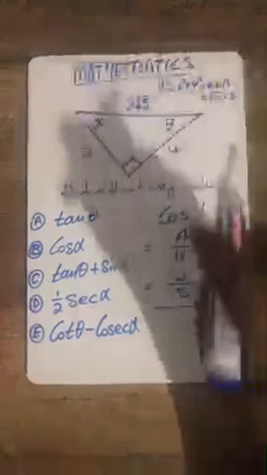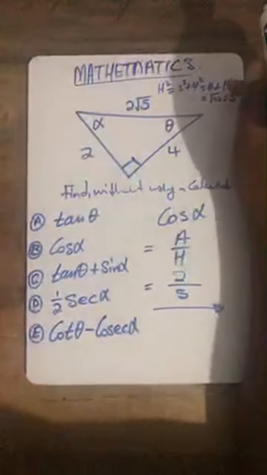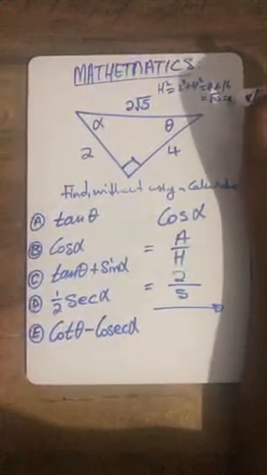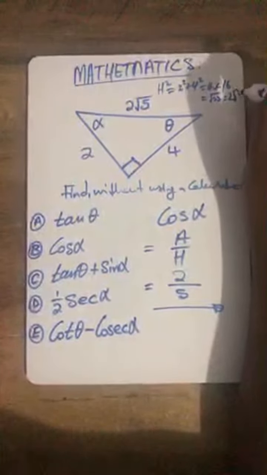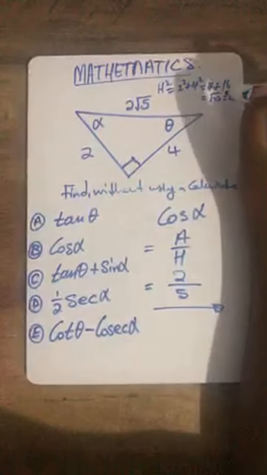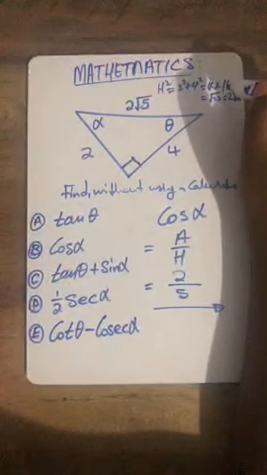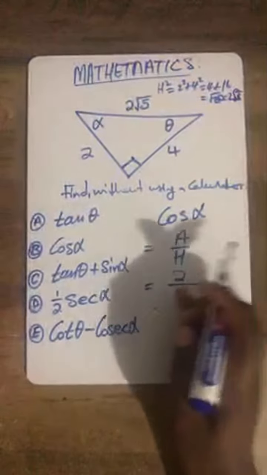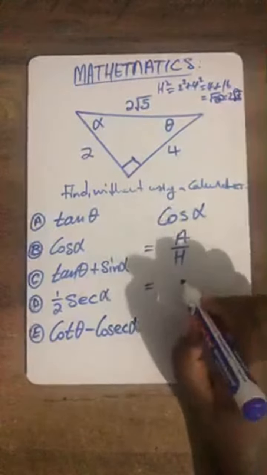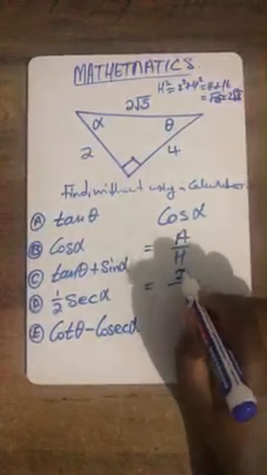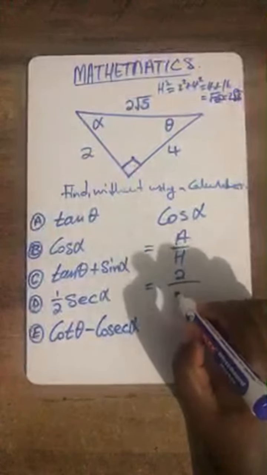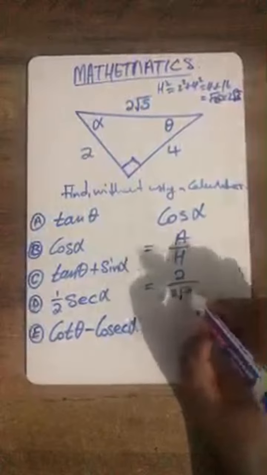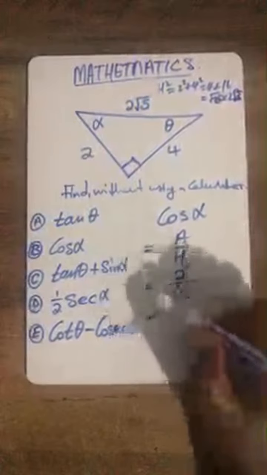Yes, guys, don't try to use your head there. Just make sure to use the calculator. You see what happened there? I'm trying to use my head and now I'm getting some wrong answers. Okay, it's fine. So our adjacent is 2 over hypotenuse 2 square root of 5. That cancels with that.